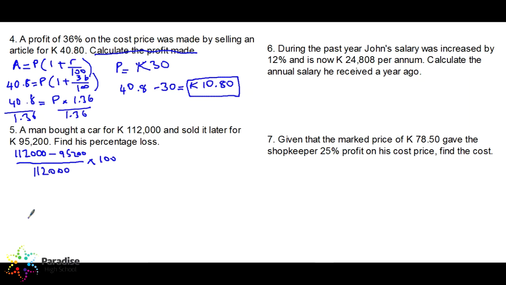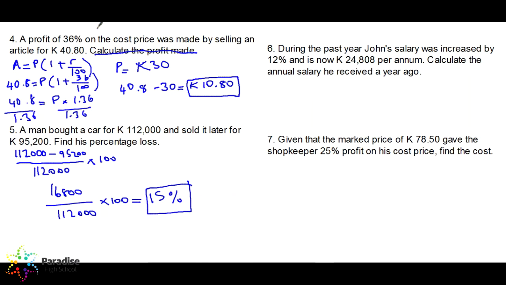Let's see that: 112,000 minus 95,200 makes 16,800, divided by 112,000 times 100, that makes 15%. So it means that the person lost 15%. He made a loss of 15%.